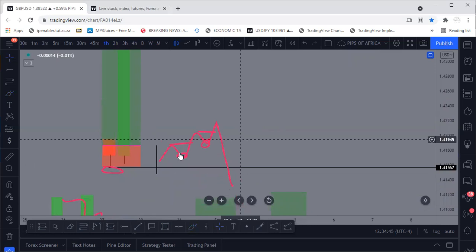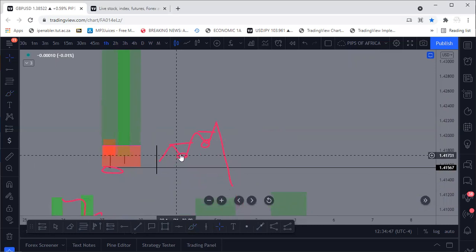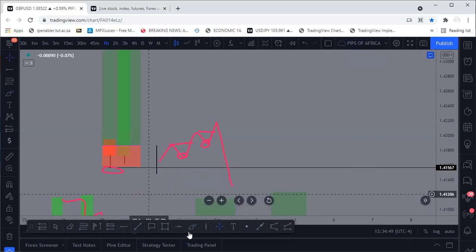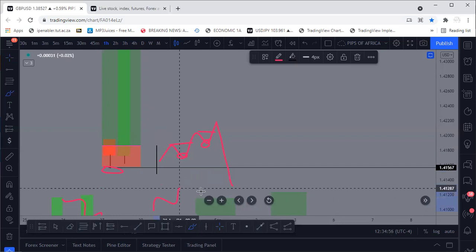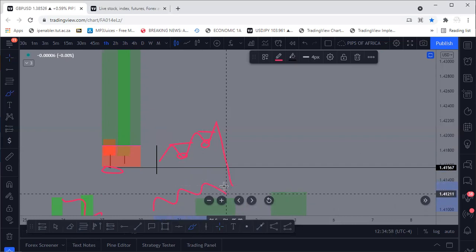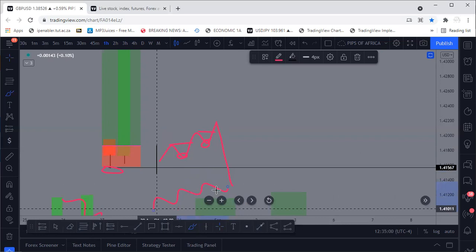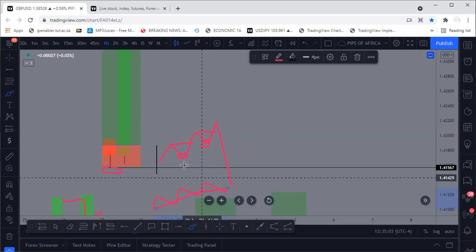I told you that even on smaller time frames, you have to see divergence on the other side. There's a divergence on the other side. The other side is going up, the price is moving to the downside.